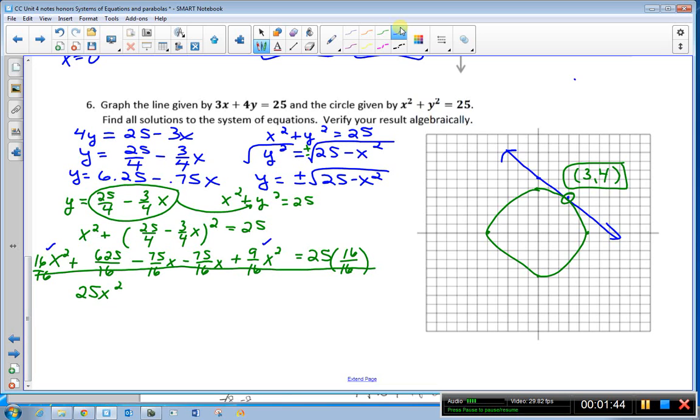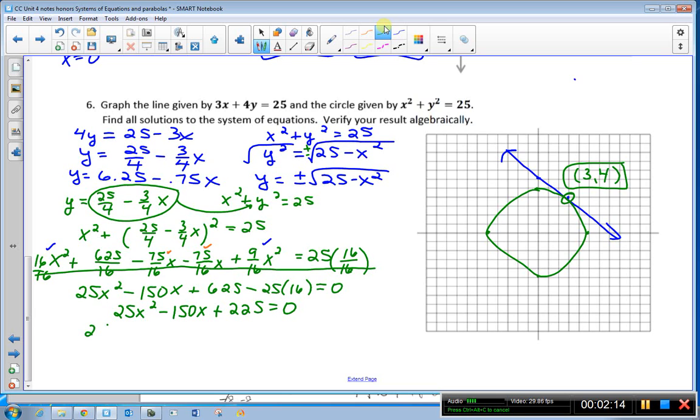And then negative 75 and negative 75 is minus 150x. And then plus 625 minus 25 times 16. That all simplifies to 25x squared minus 150x plus 225.